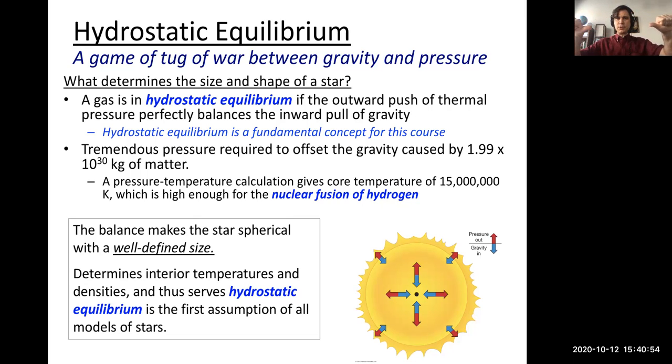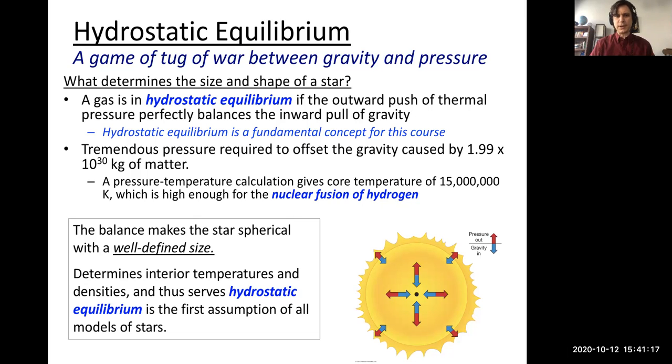Well, gravity is pulling everything inwards, and the sun is generating a whole lot of energy through nuclear fusion in its core, which is going to create a very, very high temperature and a lot of pressure that pushes back outward. So the interior of the sun is hot, creating a thermal pressure pushing outward.